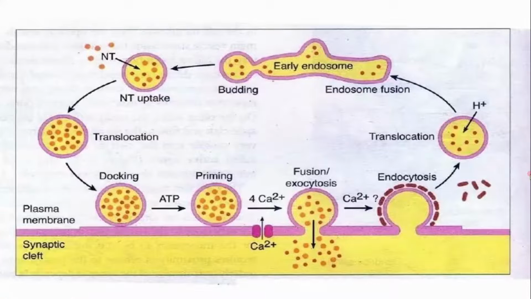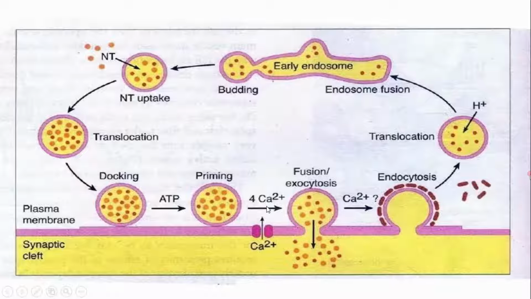So this picture shows that at the membrane, there is endocytosis, then translocation, followed by endosome fusion. There is formation of early endosome, then there is budding, then there is uptake of neurotransmitter, that is acetylcholine reuptake, translocation, then there is docking. Then there is priming with the help of ATP.